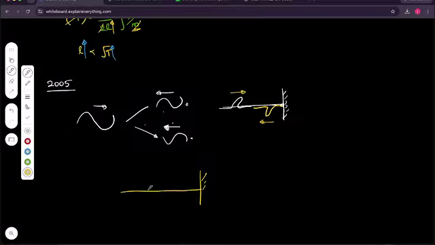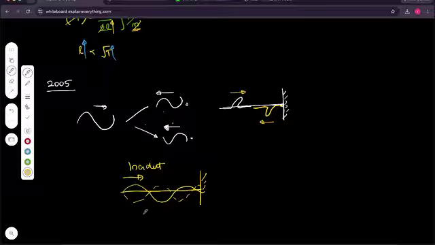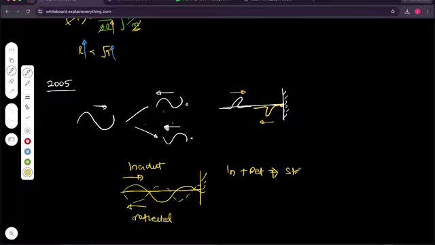If you have a wave that is propagating, this wave would get reflected, a hard reflection. Both of them are identical. Then you have the incident wave and the reflected wave, both of them moving in the opposite direction. The incident plus the reflected superimpose, creating a standing wave.